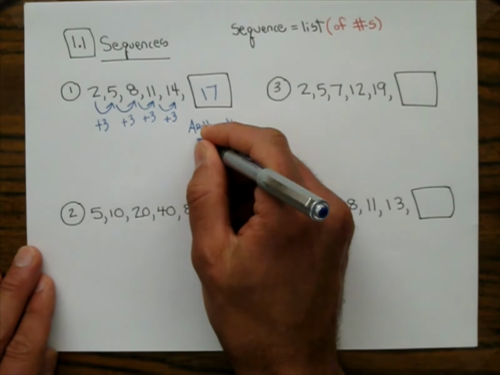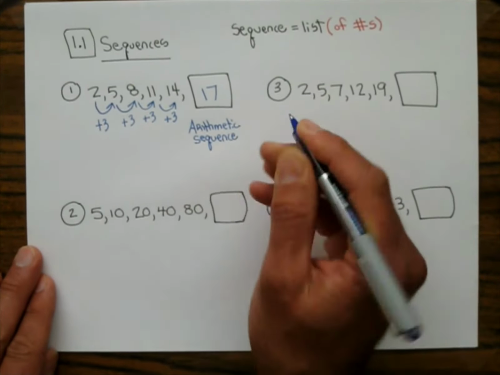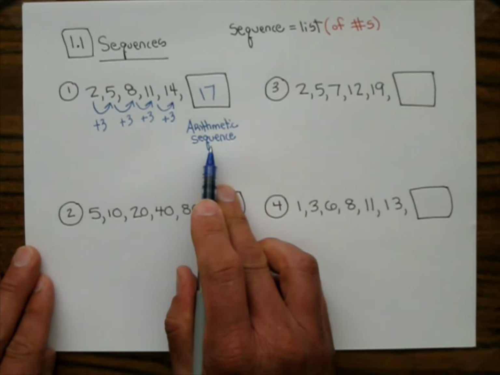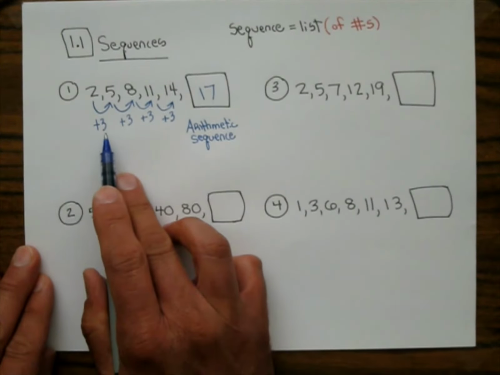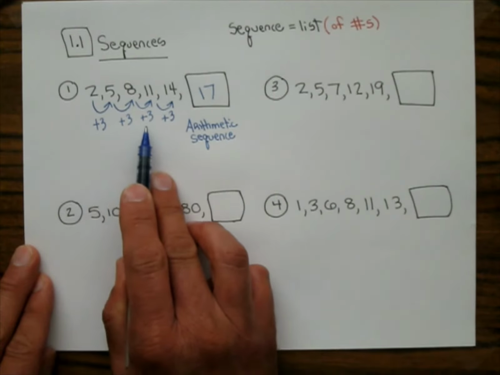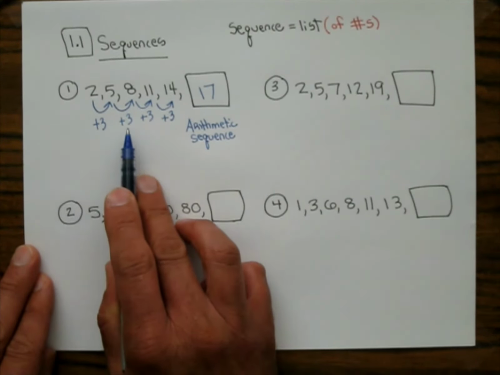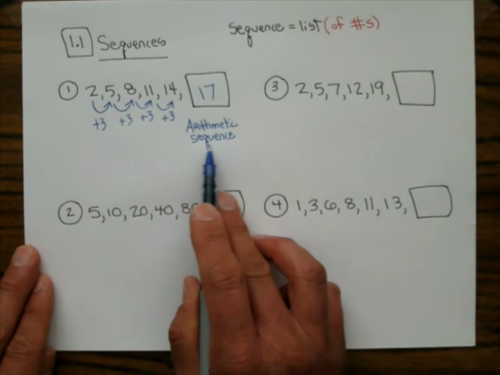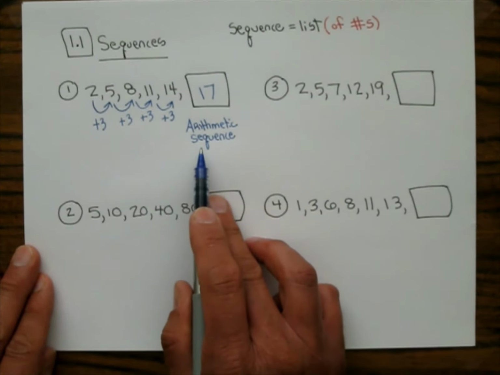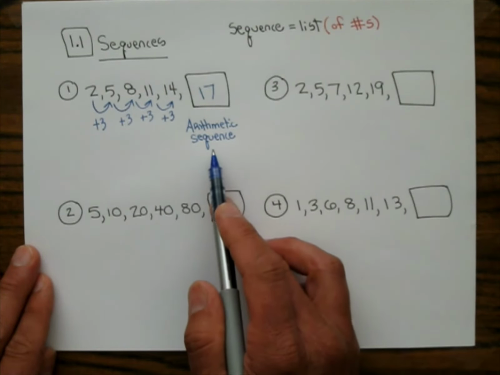This is an arithmetic sequence. An arithmetic sequence means you add the same number, or actually you could subtract the same number as well. So if you have one where you're always going minus 2, minus 2, minus 2, it's an arithmetic sequence. I guess the rationale behind that is that subtraction is really just adding a negative number.